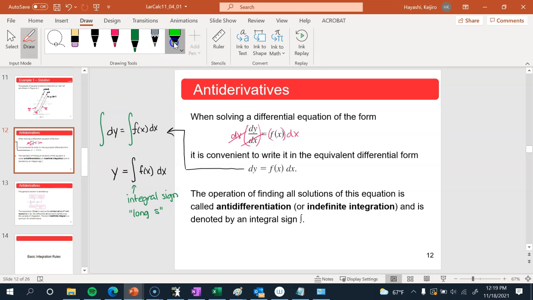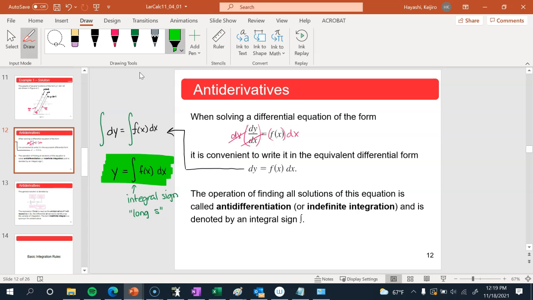But yeah, this is the notation that we're going to use to depict this antiderivative finding process from now on. And we're going to call that process anti-differentiation, or indefinite integration.